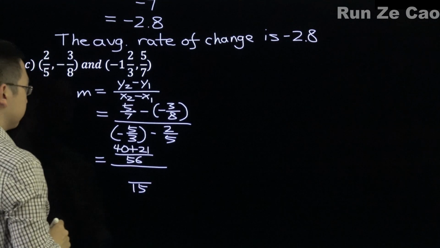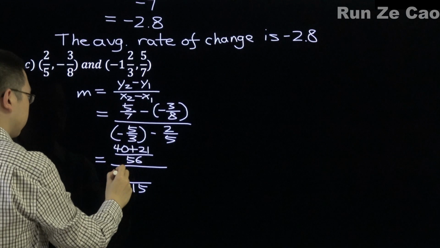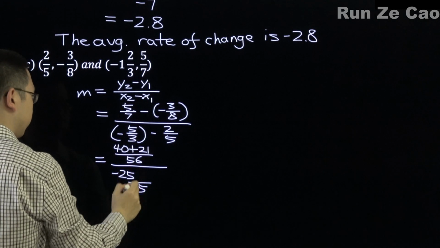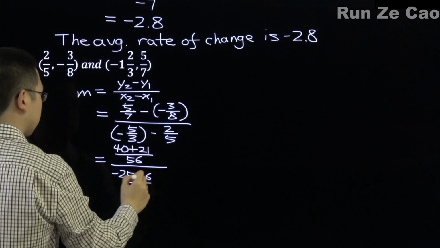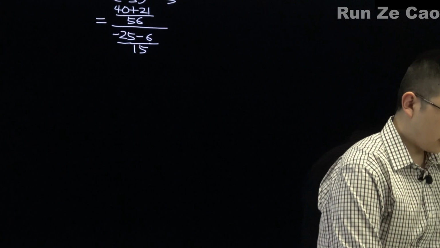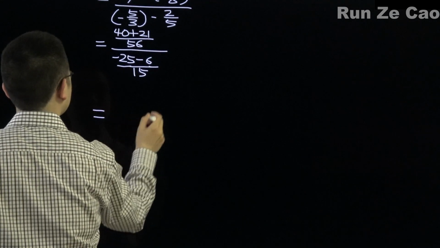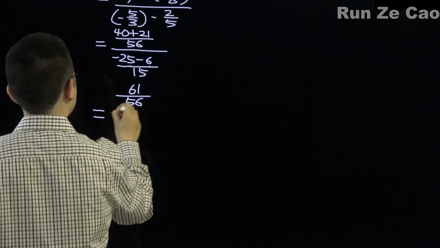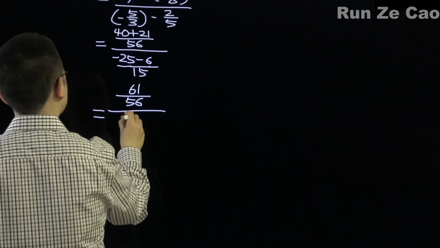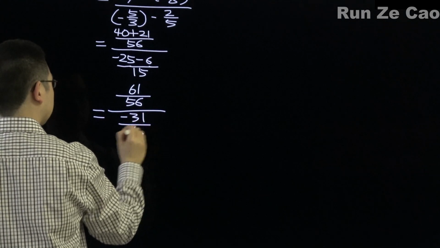So this would be negative 25 minus 6. Well, let's make some space, and we get 61 over 56 and over negative 31 over 15.